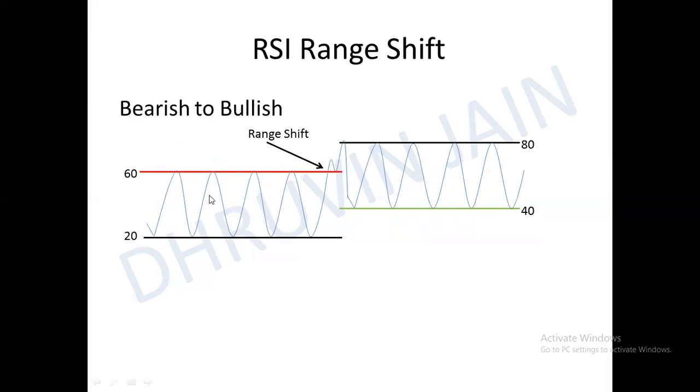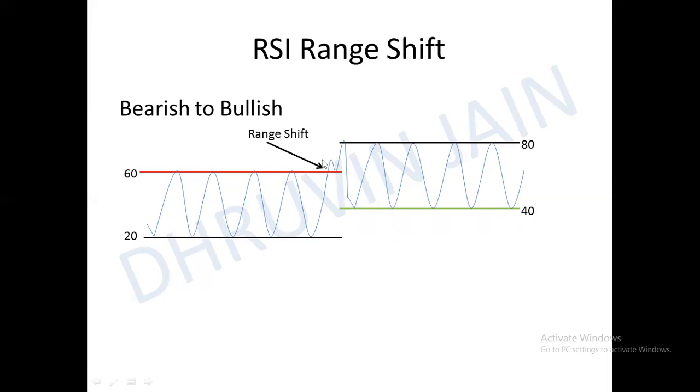In bearish to bullish, initially price was in a lower high, lower low structure, and price shifted to a higher high, higher low structure. What we can expect to see in the RSI is that the 60 resistance breaks.